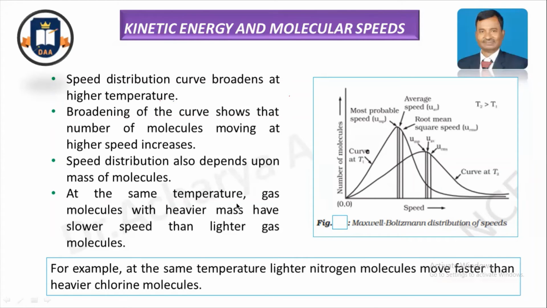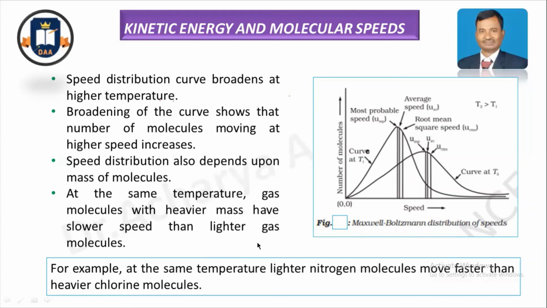Now at the same temperature, when temperature remains the same, another variation we need to consider is the mass, which is also part of the Maxwell distribution law. Generally, heavier molecules have slower speed than lighter gas molecules.